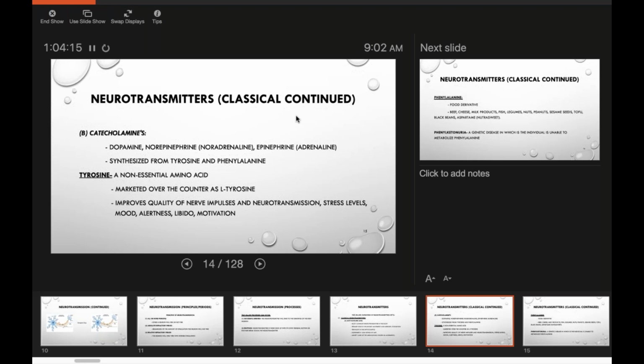Is that true? Yes. Because the catecholamines are synthesized from tyrosine and phenylalanine. So you will see that happen. However, your patient says, I'm on L-dopa, I went out and I bought some L-tyrosine and I'm going to start taking it.